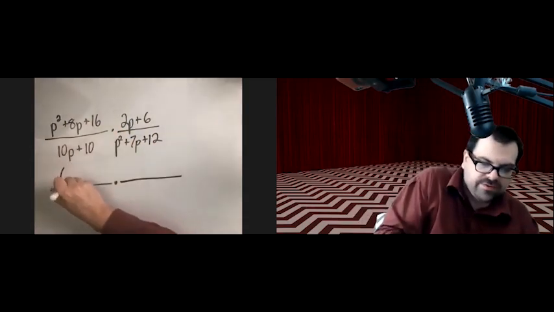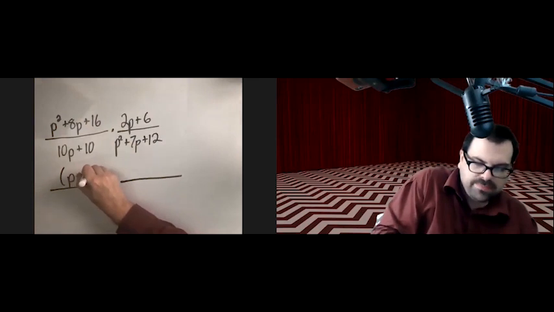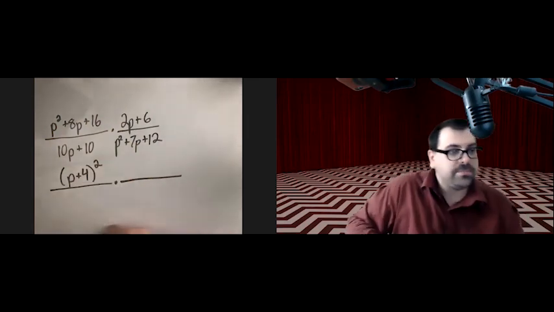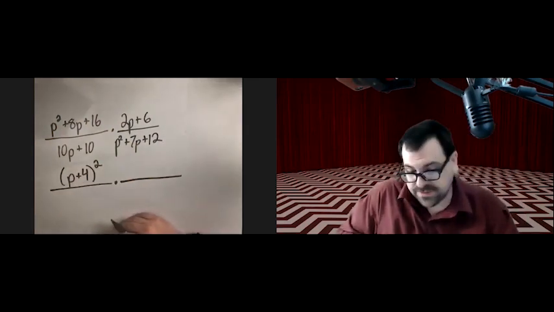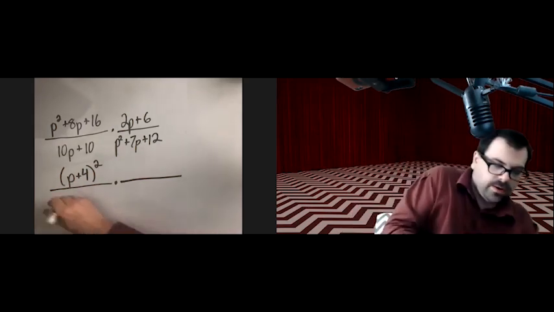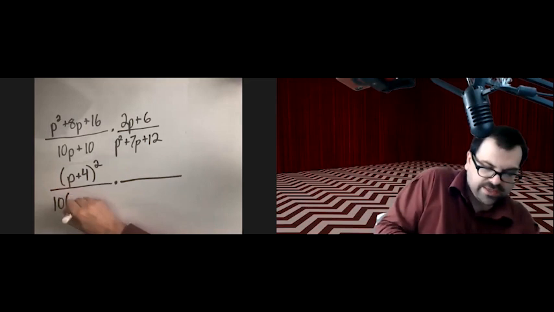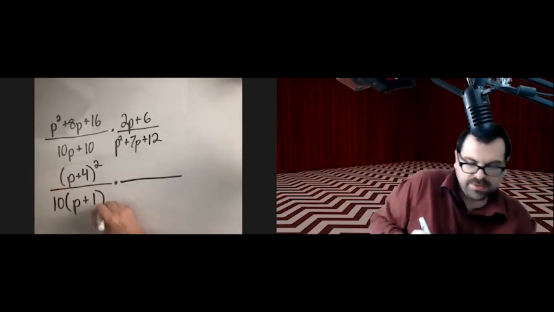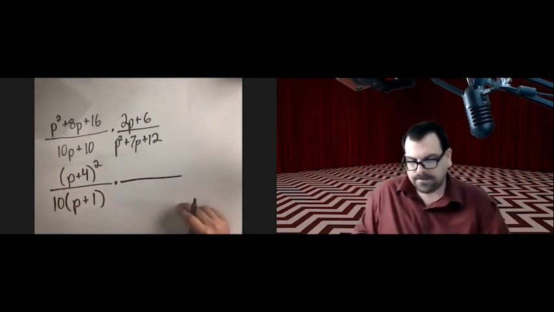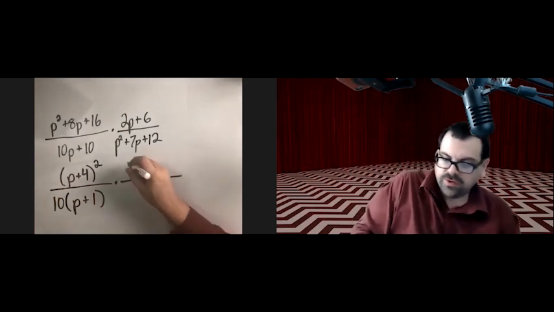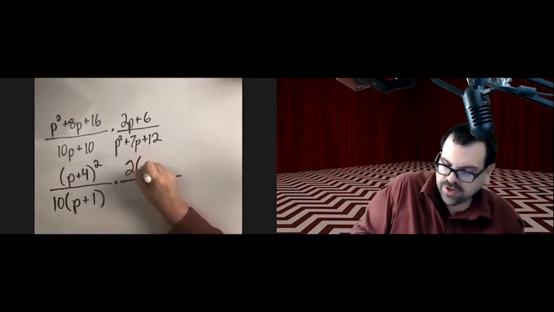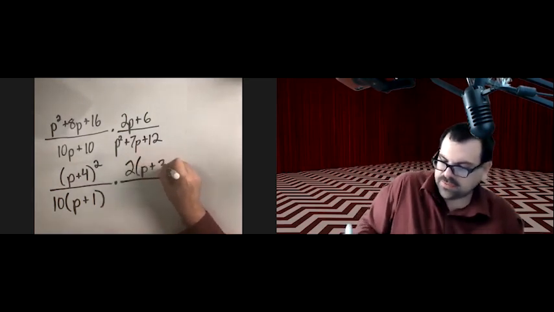Top left is going to factor to p plus 4 squared, or p plus 4 times p plus 4. Here, we can factor out a 10. We're left with p plus 1. Over here, we can factor out a 2, and we're left with p plus 3.